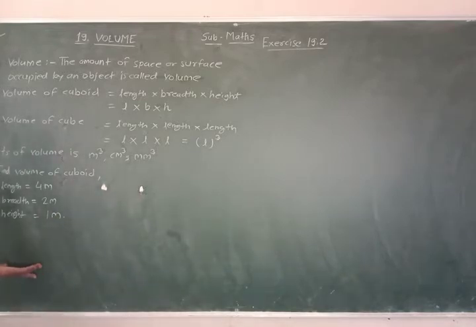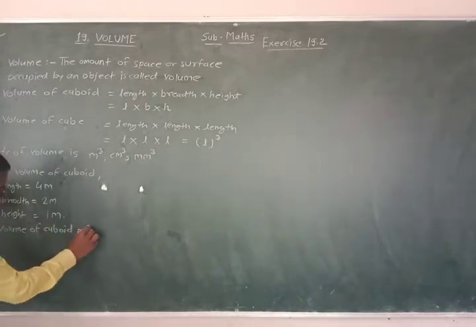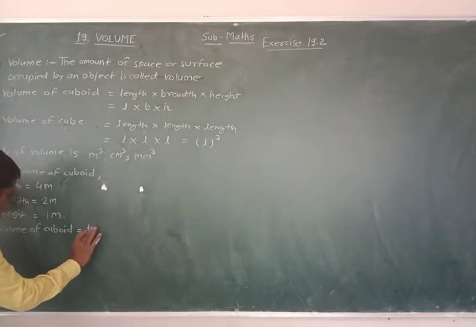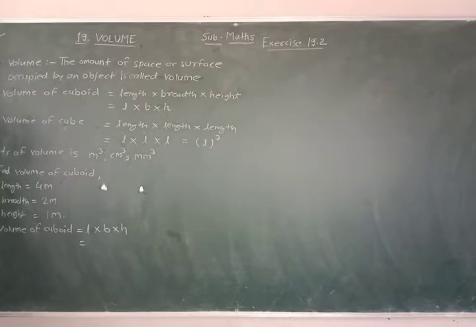Then find the volume of the cuboid. First you write the formula: volume of a cuboid is equal to length multiplied by breadth multiplied by height.